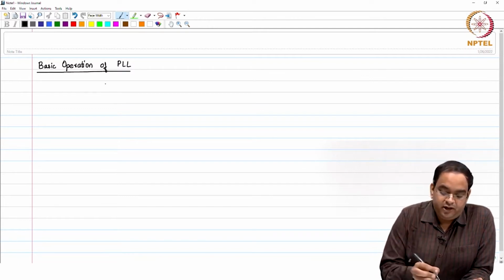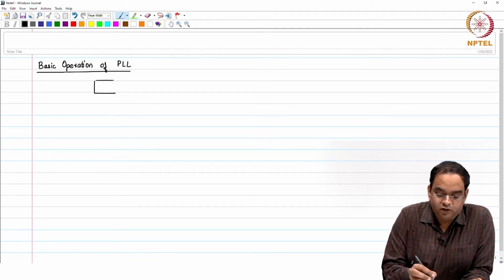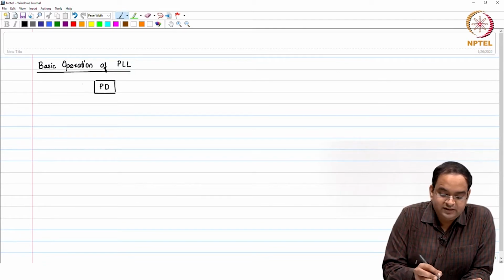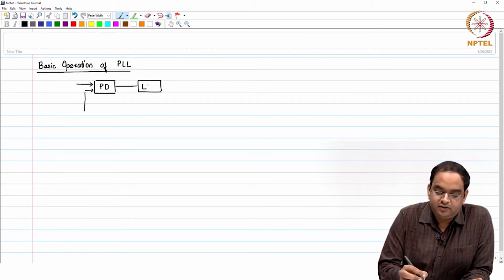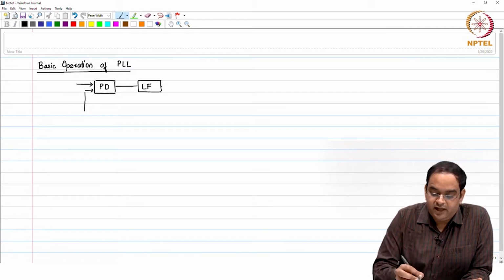Here I will first draw the block diagram of a phase lock loop. You have a block called phase detector. It has two inputs, and the output of the phase detector goes to a loop filter. This is the loop filter, and the output of the loop filter goes to a voltage controlled oscillator for now.